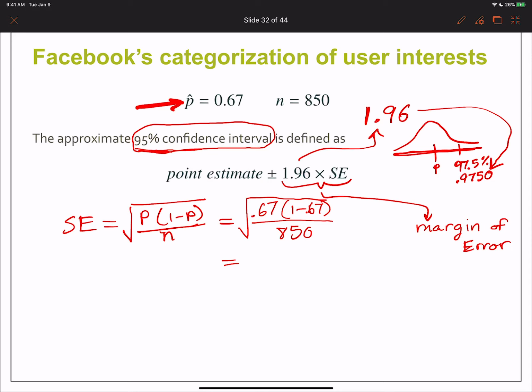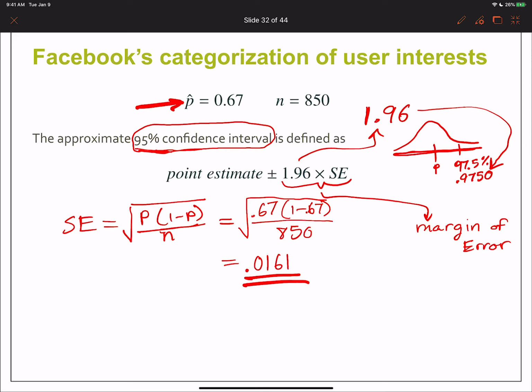This is what I got out: 0.0161. And that .0161 is our margin of error. No, not our margin of error. I'm sorry. That .0161 is our standard error.